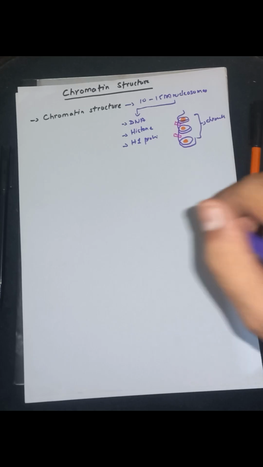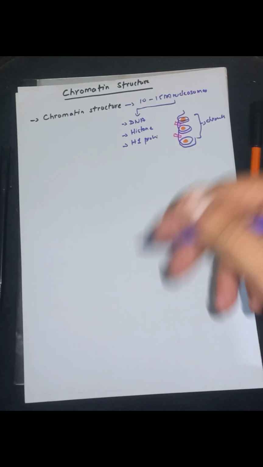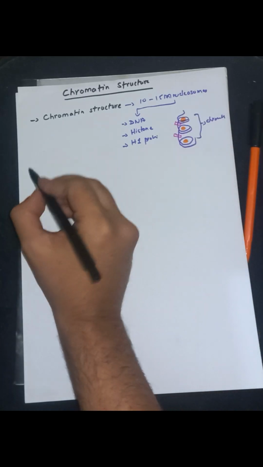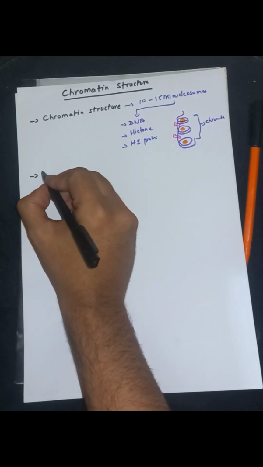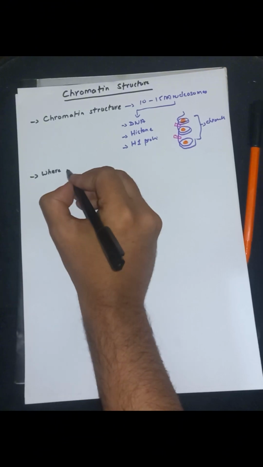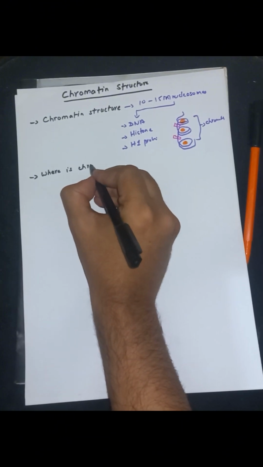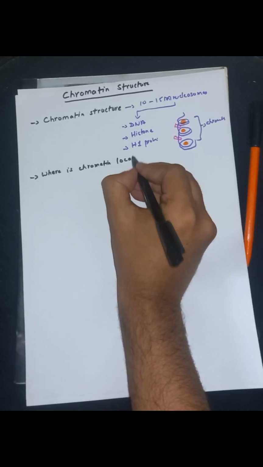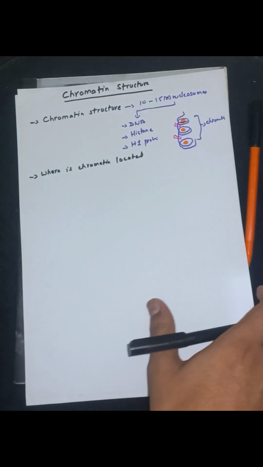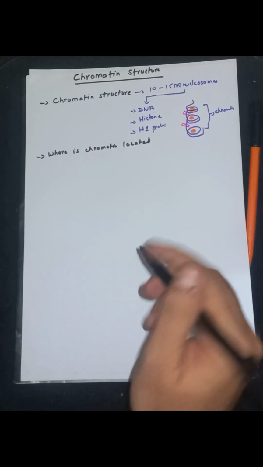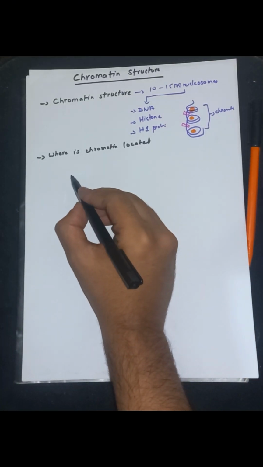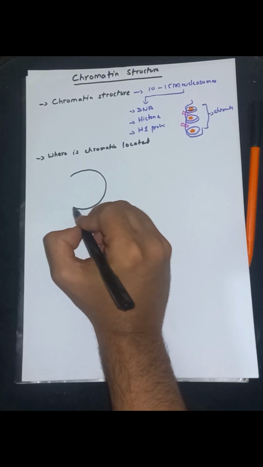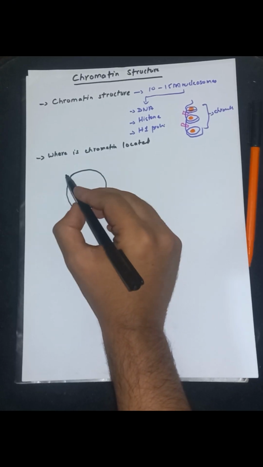So now let's go into a little bit of detail. Let's see where the chromatin is actually located. Let me make a circle.